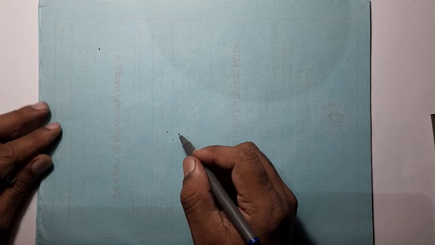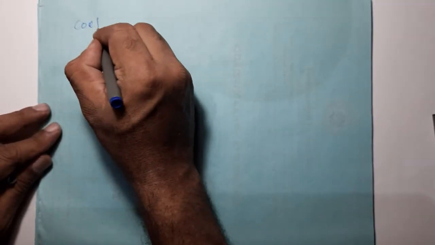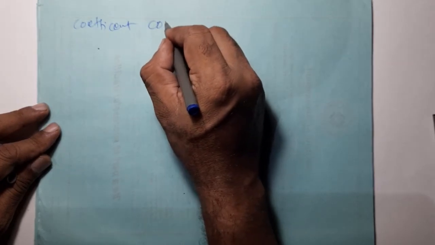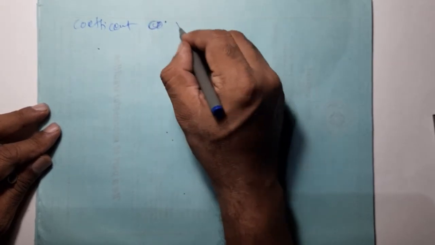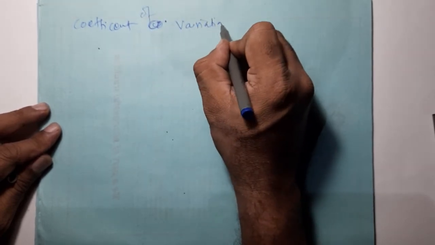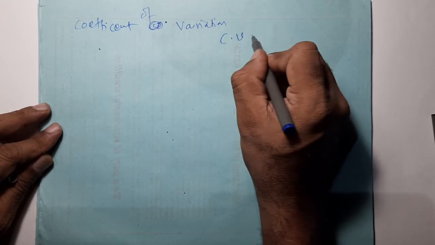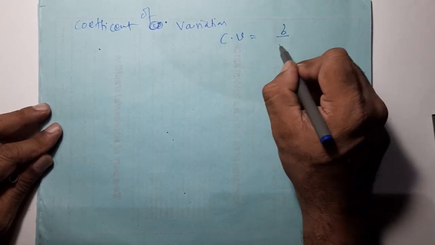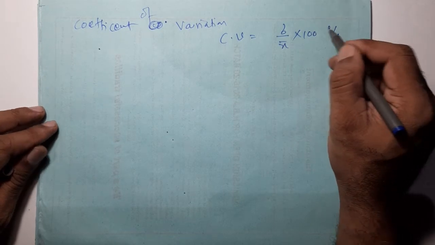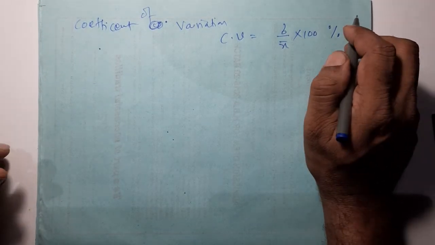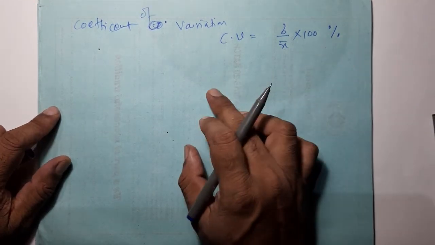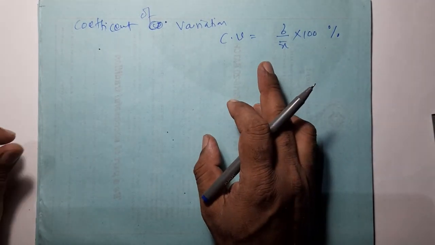Before going to that, coefficient of variation is CV equal to sigma divided by x bar into 100. Because it is multiplied by 100, it is written in percentage. Lower is the coefficient of variation, more is the data stable.